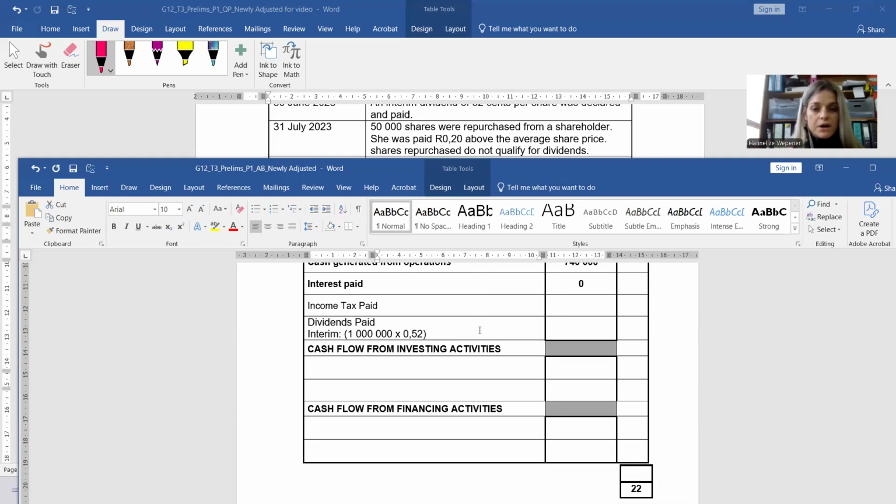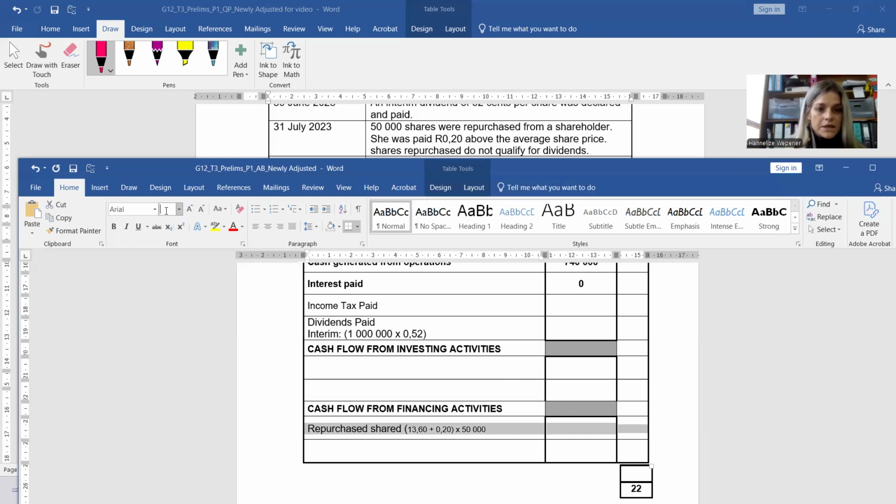So this is part of our financing activities where we say that we repurchased shares. We repurchased the shares at the average plus 20 cents because it says it was above the average share price, and that was for 50,000 shares. So that's our buyback. Keeping in mind that we had to pay this, the amount will be in brackets once we have our amount because it's an outflow of cash.